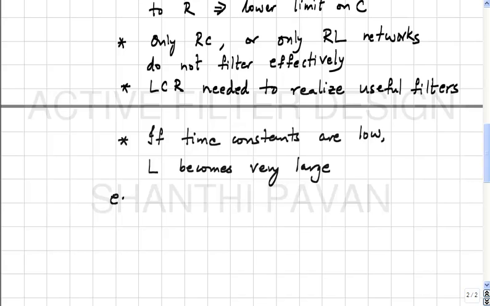I'll make an example. Let's say you want a time constant of 1 millisecond corresponding to say about a kilohertz, a pole at a kilohertz, right? Actually this is smaller than a kilohertz, but I just take this as an example. This must be square root LC.